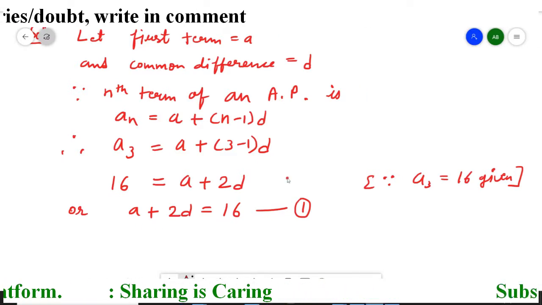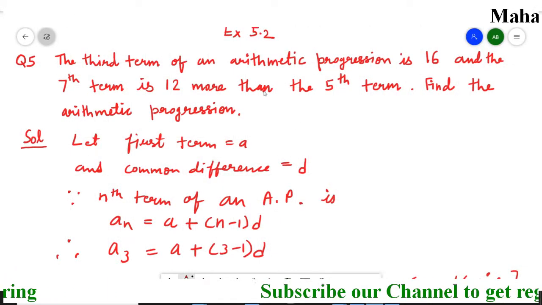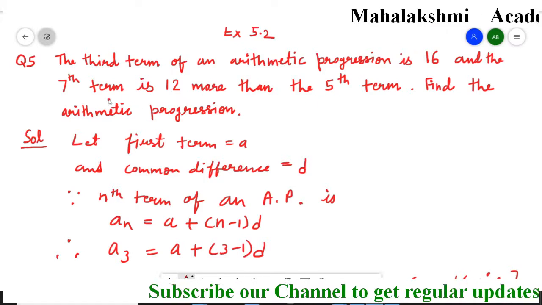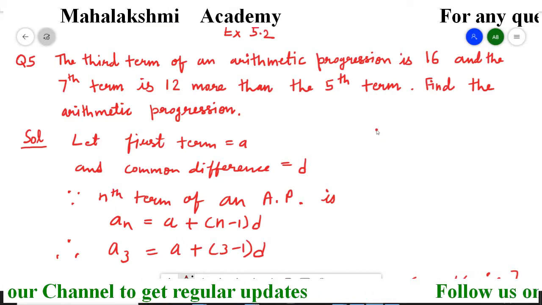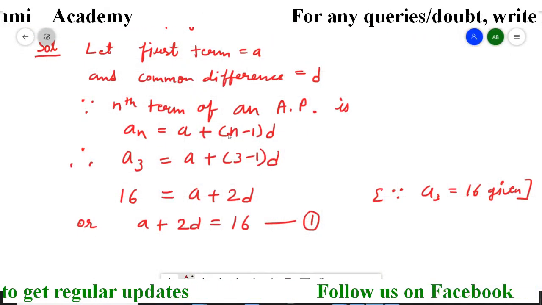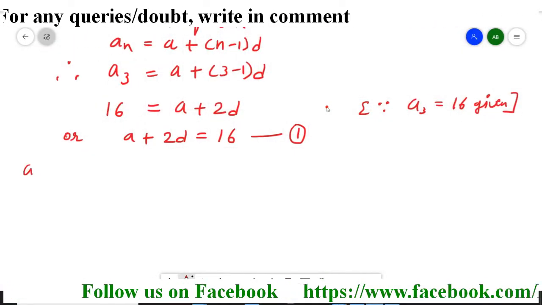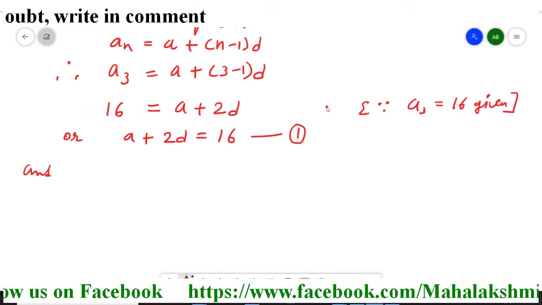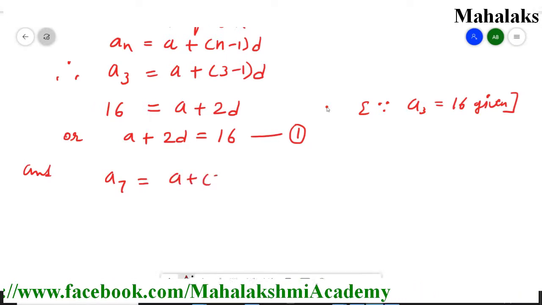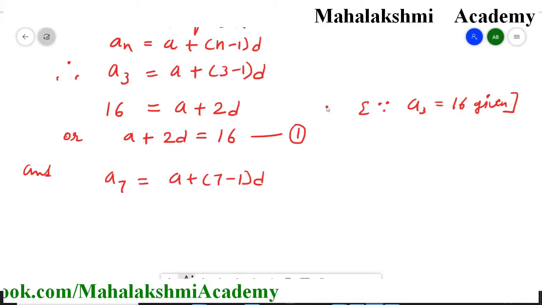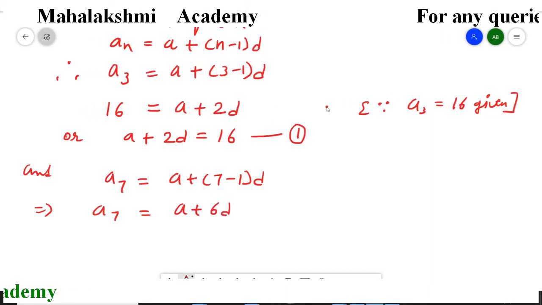And we got the first equation. Now we will move to the second information given to us, that is, the seventh term is 12 more than the fifth term. To balance this information, we need the seventh term and the fifth term. That's why, with the help of the nth term formula, we calculate the seventh term and fifth term. So A7 is equal to A plus 7 minus 1 D, which implies A7 is equal to A plus 6D.